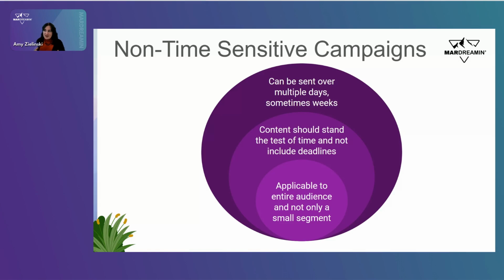So using something where there's a sale coming up in 2 days, then it expires, is not going to be recommended. Your content should stand the test of time, not include deadlines, and be applicable to your entire audience and not only a small segment. I like to send my IP warming emails to the entire audience, or again, the predetermined number that we're trying to get to. So you need to make sure that this will be relevant for everybody.